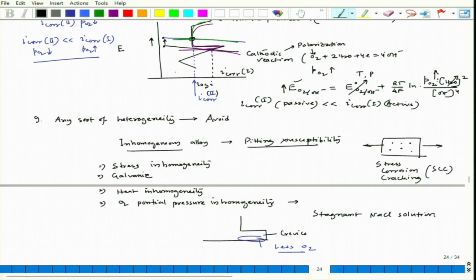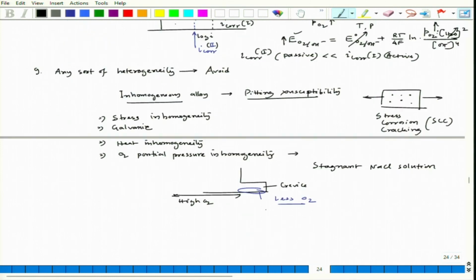Okay. So, initially everywhere same oxygen, but as the reaction is going on, oxygen will be depleted in the crevice portion, less oxygen. So, this particular region away from the crevice has high oxygen, and if we consider these 2 points, this will be anode, this would be cathode.